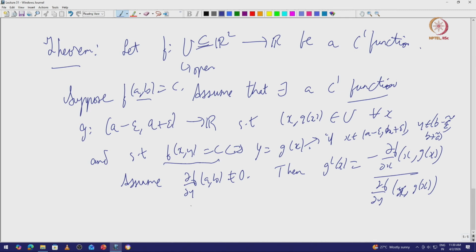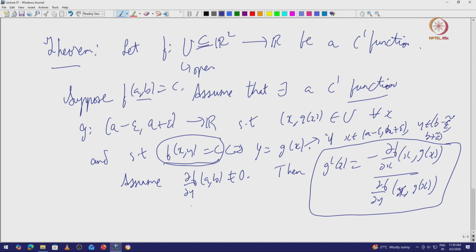Assume that this partial derivative is non-zero, then you can find a formula for the derivative of g. This theorem is probably known to you. This is called the technique of implicit differentiation in one variable calculus. If you want to find the derivative of a function which is defined using another function, then you can do this by using partial derivatives.